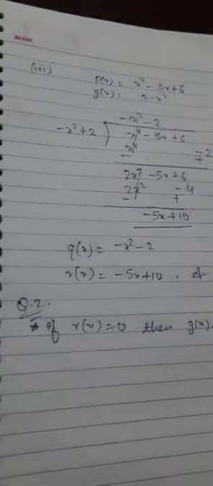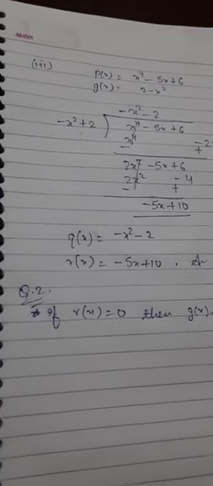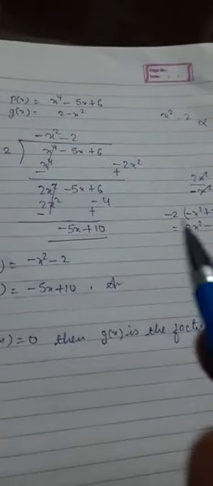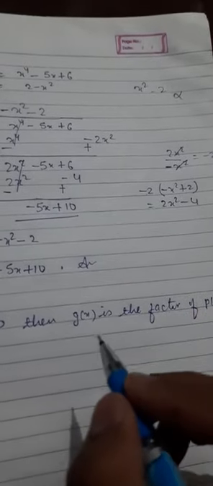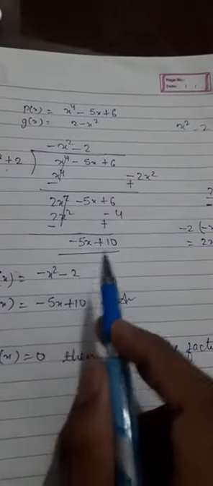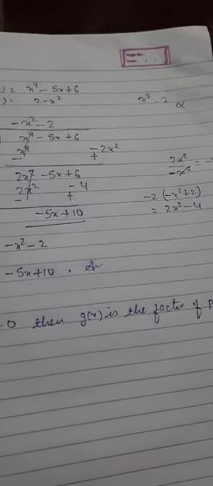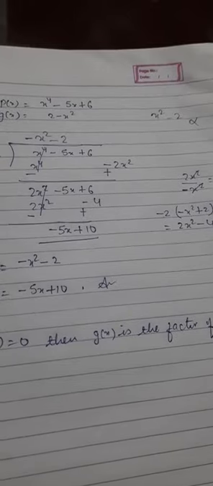I will leave question number 2, all parts, for you, because same as we have done, we have to do long division and check only whether the remainder is coming 0 or not. If it is coming 0 remainder, then write there yes, gx is a factor of px. If rx is not coming 0 here, then write no, it is not a factor of px. Okay, thank you for watching the video.